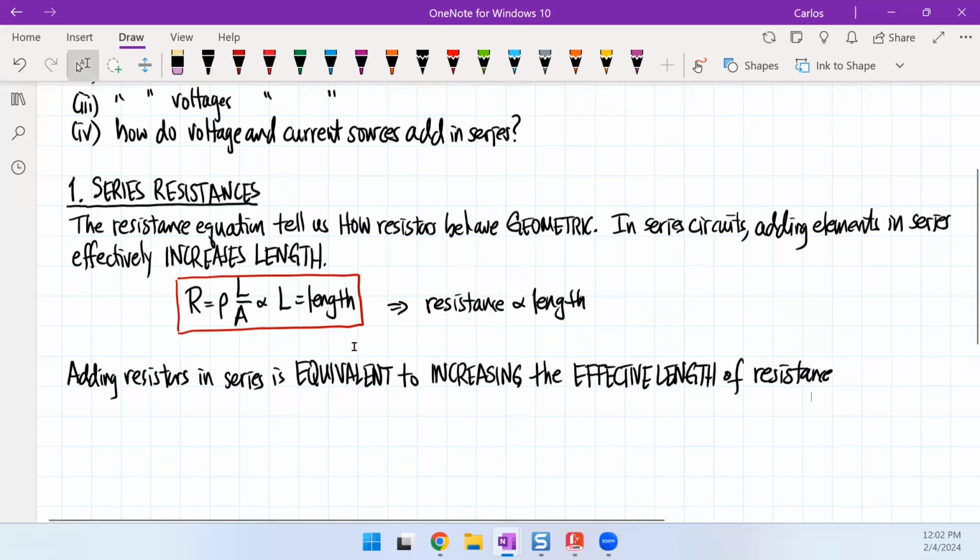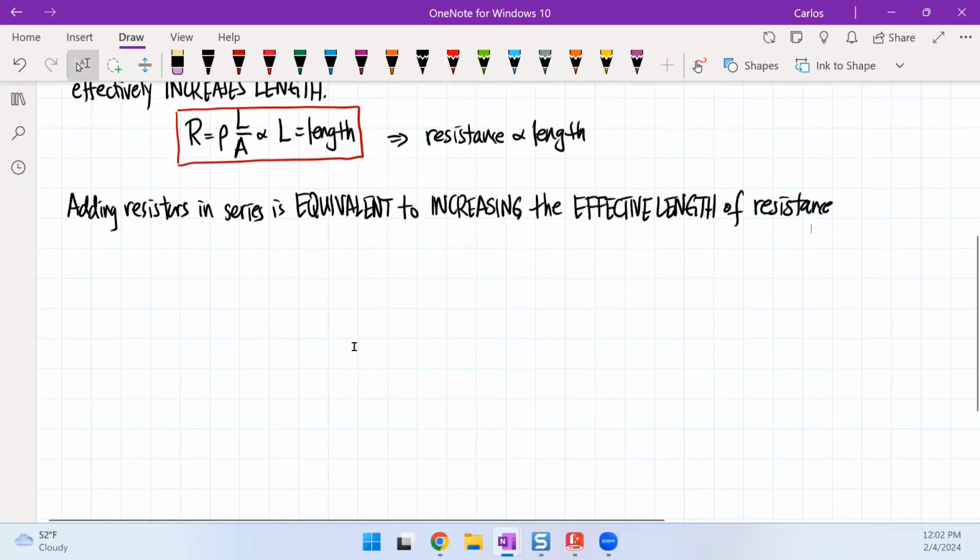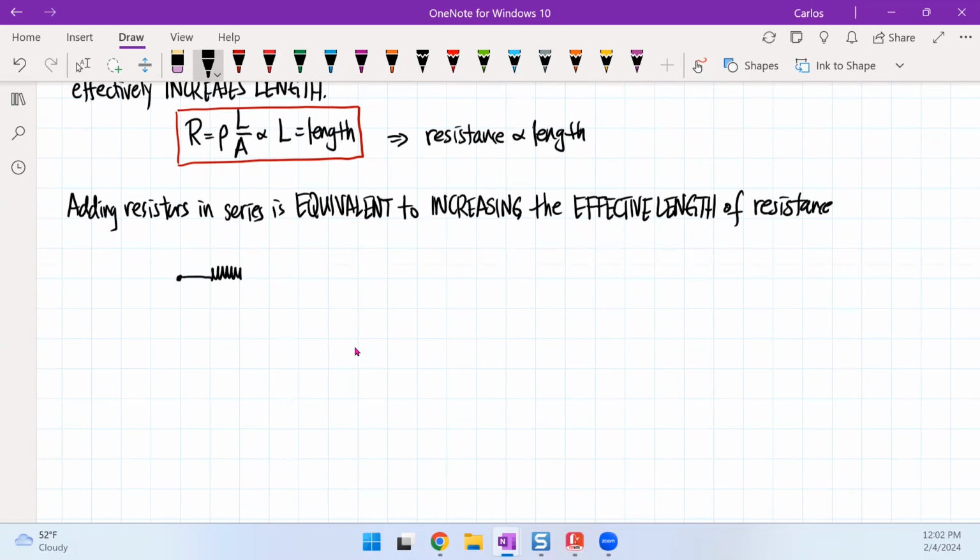So picture-wise, what does this mean? Imagine that we have a series of resistors. So I'm going to go, here's 1, 2, and then I'm going to have, let's say, this many resistors here. So I'm going to have R1, R2, and this will be Rn.